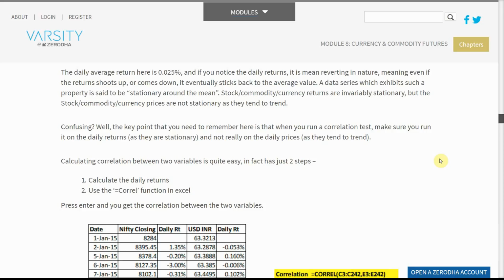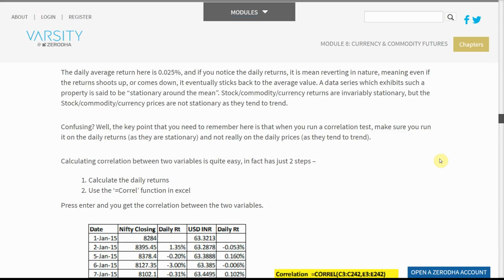And if you notice the daily returns, it is mean reverting in nature, meaning even if the returns shoot up or come down, it eventually sticks back to the average value. A data series which exhibits such a property is said to be stationary around the mean. Stock, commodity, currency returns are invariably stationary.